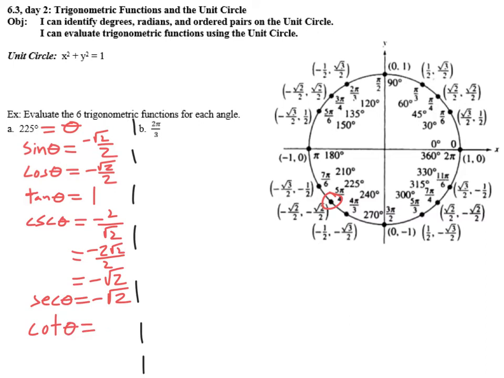Cotangent, right, is x over y. Still the same pattern. It's the same number divided by itself, okay? So it would be 1. You'll notice as we go through there, sine and cosine are a breeze to get from the unit circle.